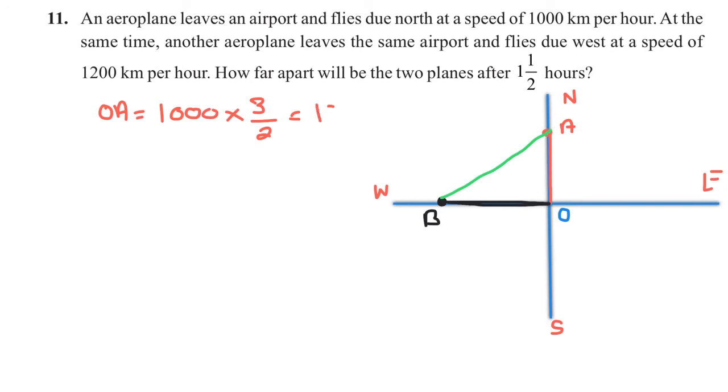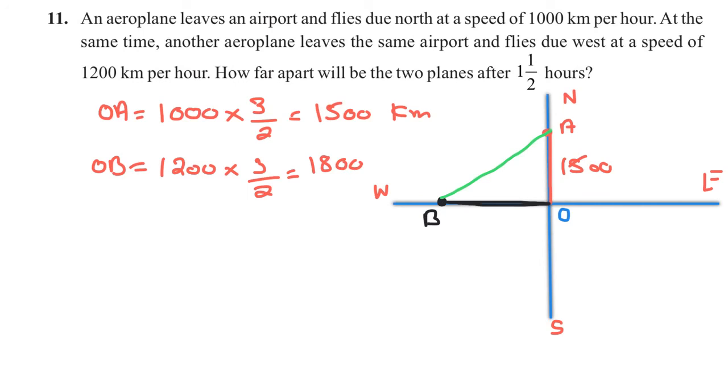So OA is 1500. Similarly, we can find OB. It has traveled at 1200 kilometers per hour for 1.5 hours, so that is going to be 1800 kilometers. So we know this is 1800.